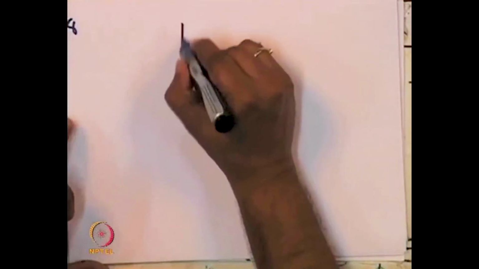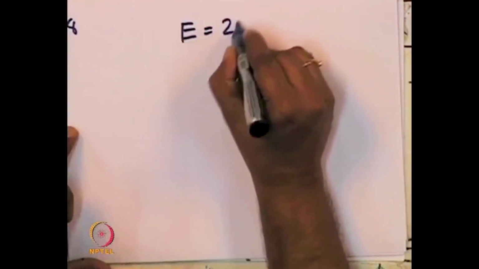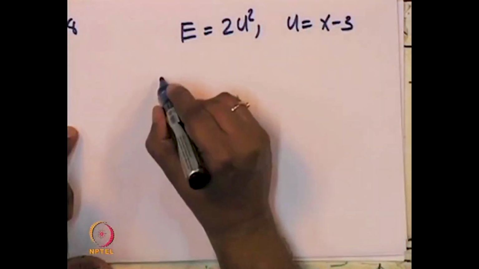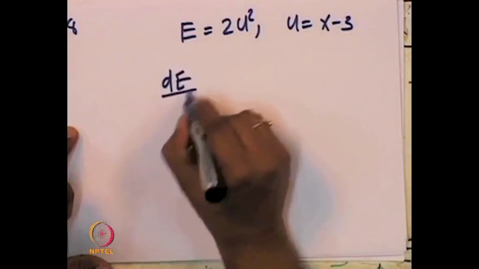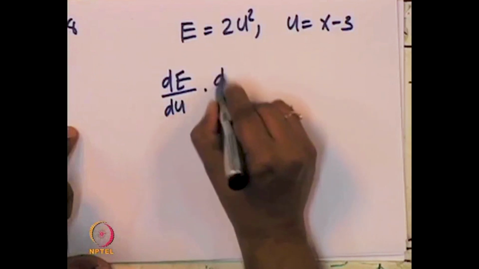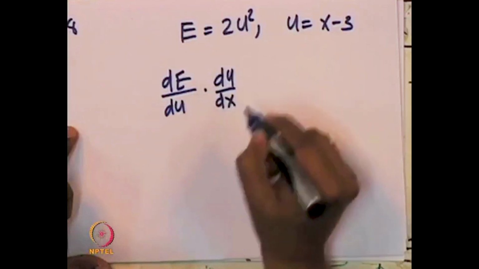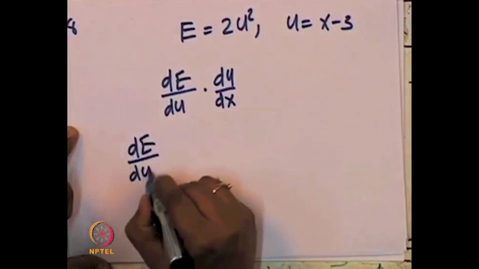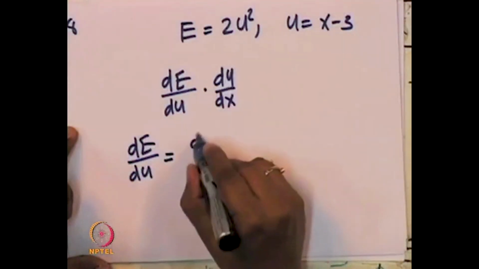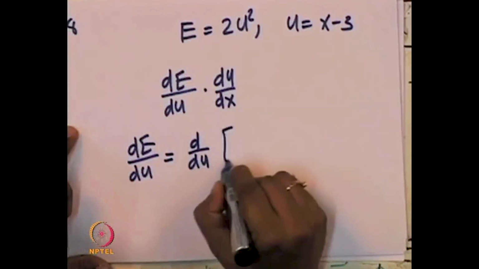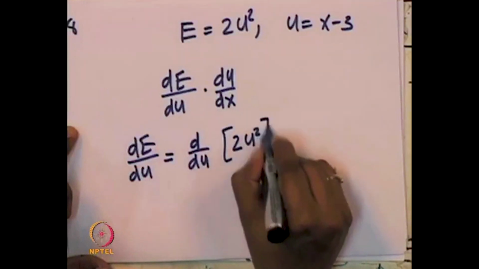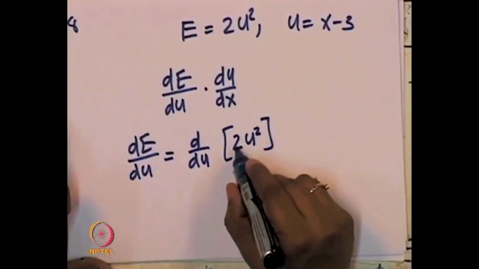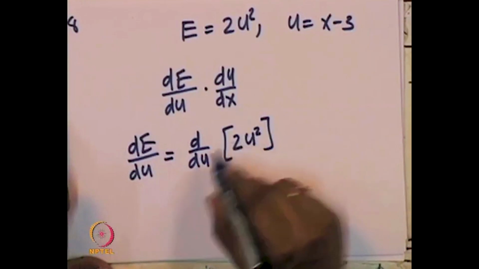What we want is, E is 2u square and u is x minus 3, and dE by du into du by dx is what we want to find. dE by du is d by du of 2u square. According to the rule we learned, this is a constant, so we can just take it out.